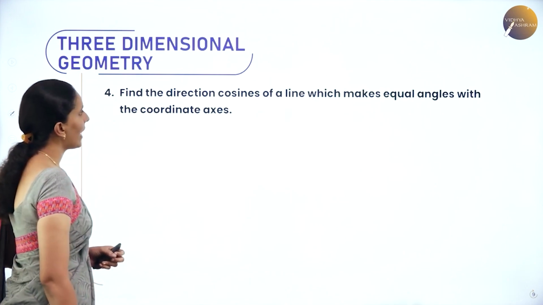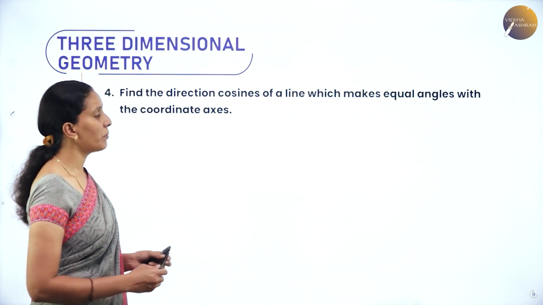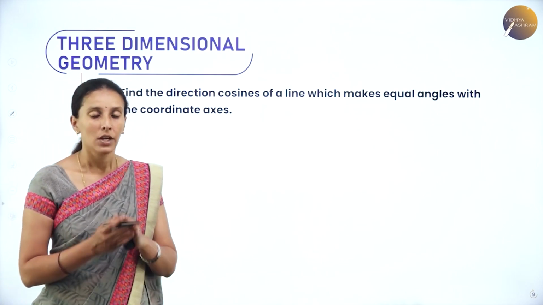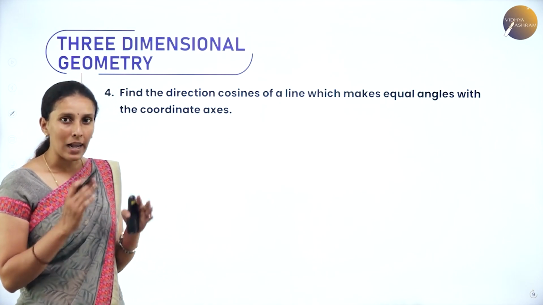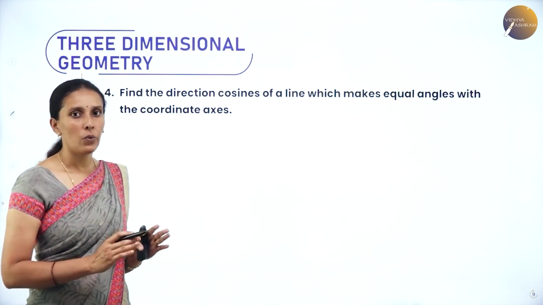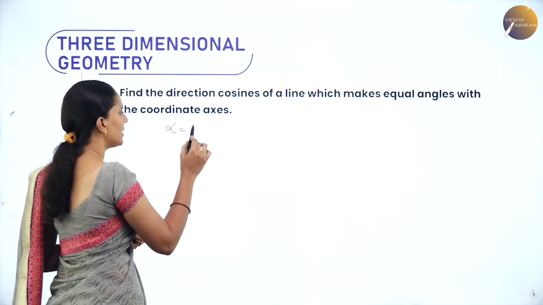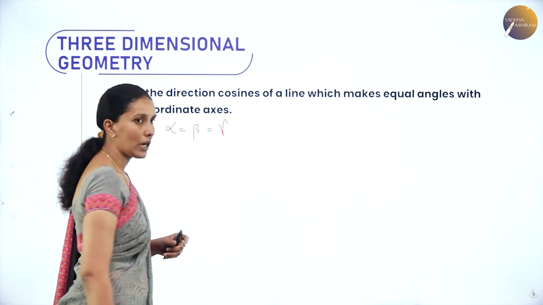Next, find the direction cosines of a line which makes equal angle with respect to the coordinate axis. So we are talking about a line which creates an equal angle for all axes. That means here alpha, beta and gamma are one and the same.